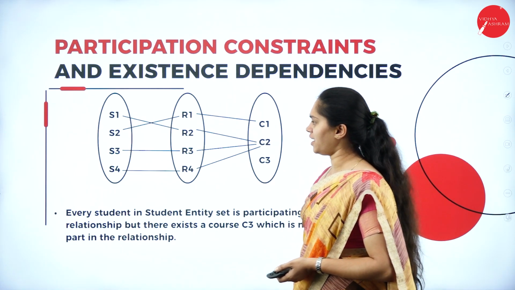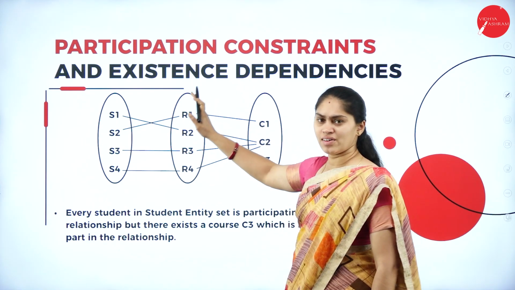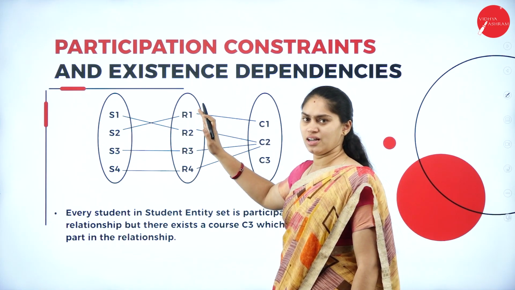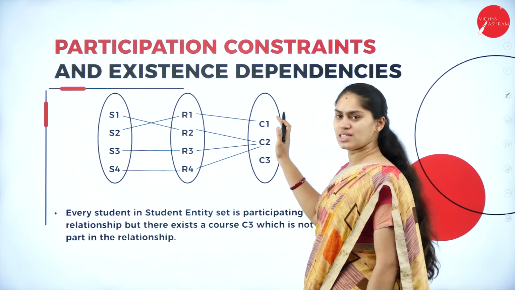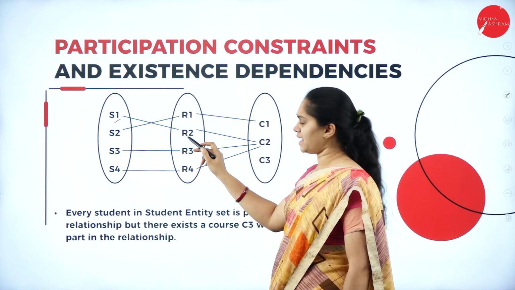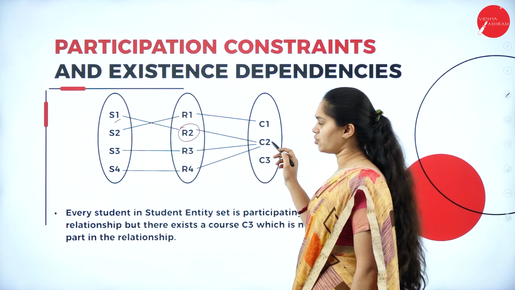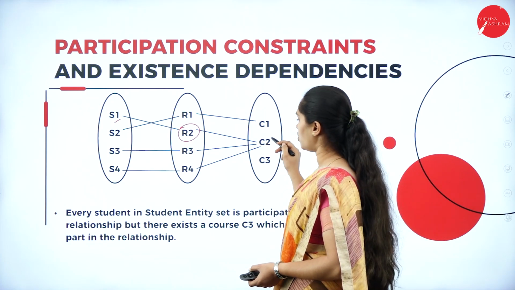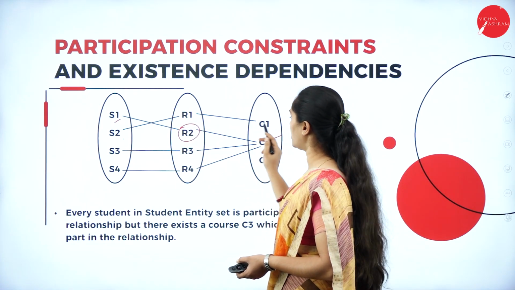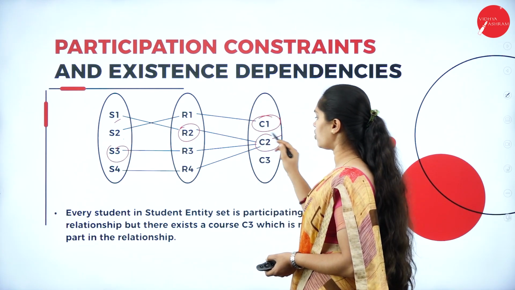Then how do we define it? You see here we have a student entity, a relationship, enrolled for, and a course entity. Student S1 is enrolled for course 2, S2 is enrolled for course 1, S3 is enrolled for course 2, and S4 is enrolled for course 2.